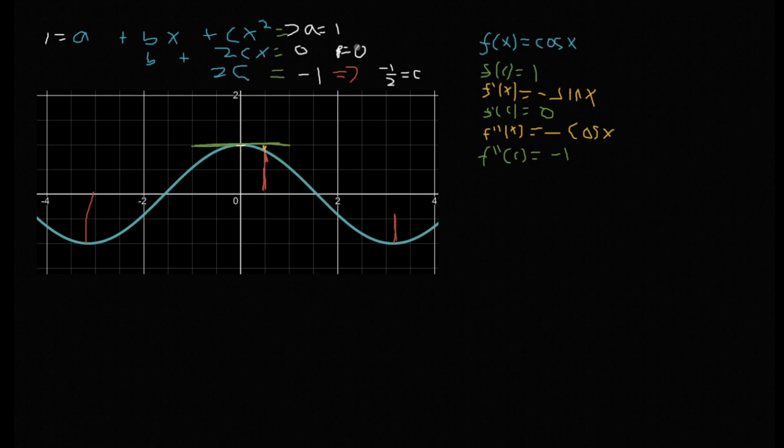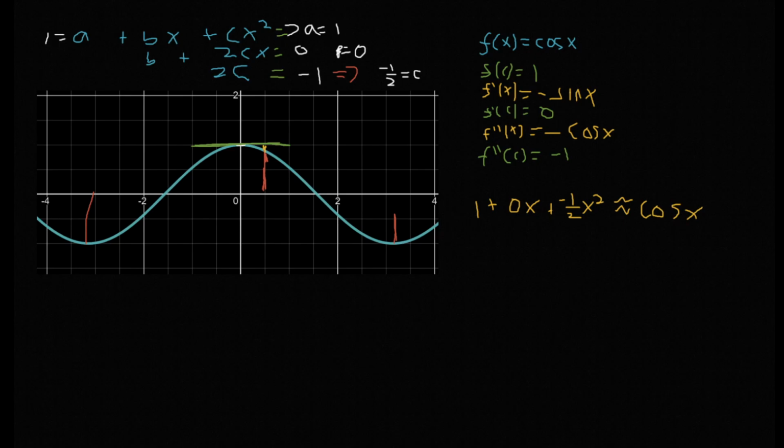So now we have our equation: 1 plus 0x plus minus 1/2 times x squared is about equal to cosine x, at least at x equal to 0.